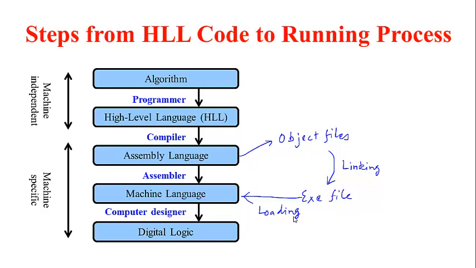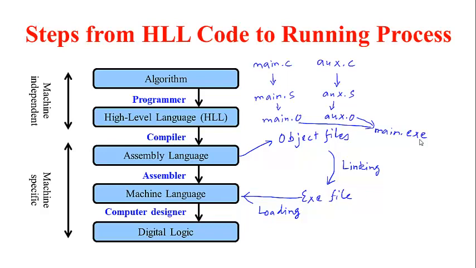In any typical non-trivial program, you usually have more than one file representing the higher level language code, and each of these files gets converted into a separate assembly language code, and in turn each of these assembly language code gets converted into a separate object file.